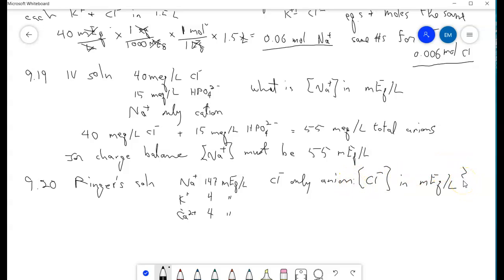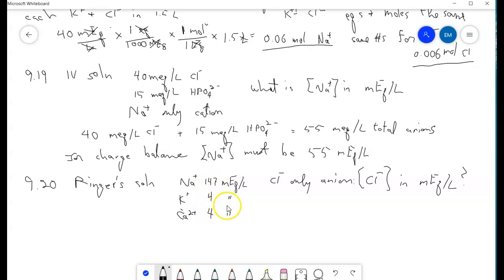Okay, this looks like the previous problem, and I know I haven't been talking much, I'm just letting you watch me do this. Milliequivalents is just going to be all the milliequivalents. If they ask for moles, I don't think they do that here. So milliequivalents, it's just going to be these added up. Okay, 4, 4, and 147.